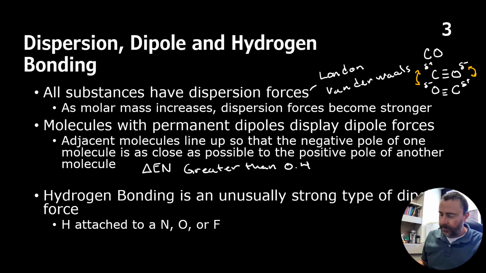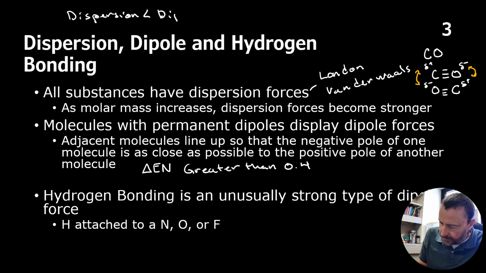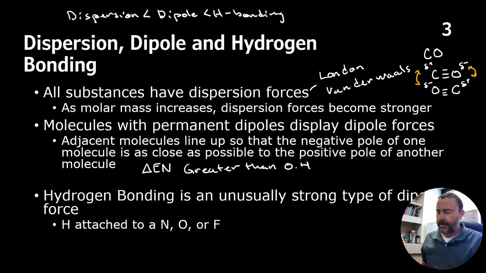Okay, so as forces go, dispersion forces are the weakest, then dipole, then hydrogen bonding. Hydrogen bonding accounts for things like water being really difficult to boil, and remember why it has a really high specific heat?